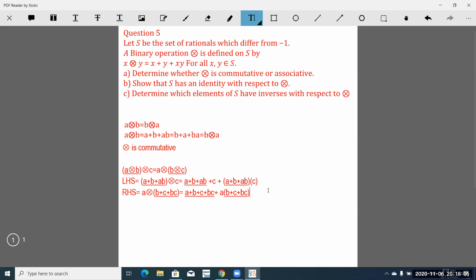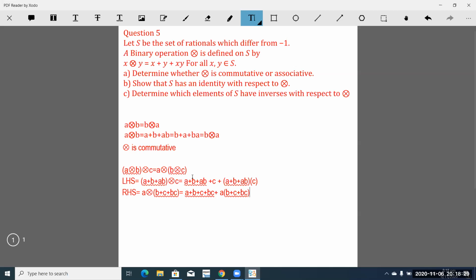So now, is it commutative? Is it associative? Let's check. Now look right here.